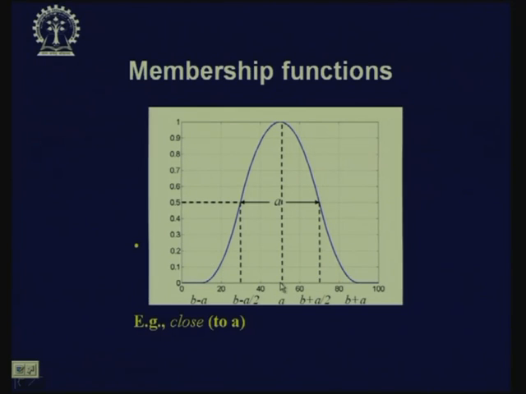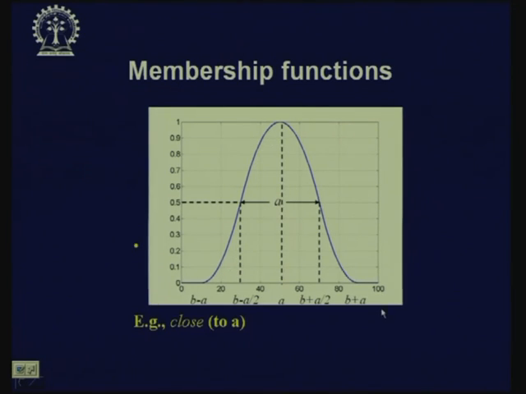Similarly, here is a very interesting thing. Say I say a number which is close to a. Now, obviously, conceptually it is something like this, right. A is certainly close to a, membership 1, something which is in between these 2 points, if it is at B either on the positive side or negative side, it will be 0.5. Anything in between will have a membership in between.